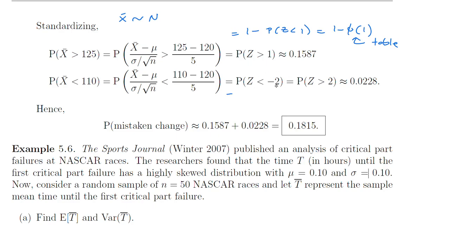But our table only has positive values, and since the normal distribution is symmetric, this probability is exactly the same as the probability of Z being larger than 2, which can be calculated as 1 minus the probability of Z being less than 2, or 1 minus phi of 2.